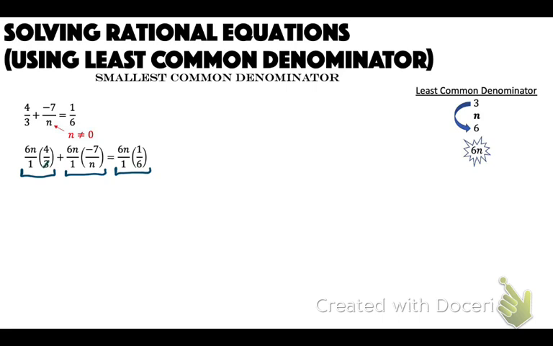Because here, 3 goes into 6 twice. n cancels n here, and 6 cancels 6 here. So when we do this, those cancel, giving us 2. Those cancel, and those cancel. So everything on the bottom cancels, and I'm only left with the numerators.